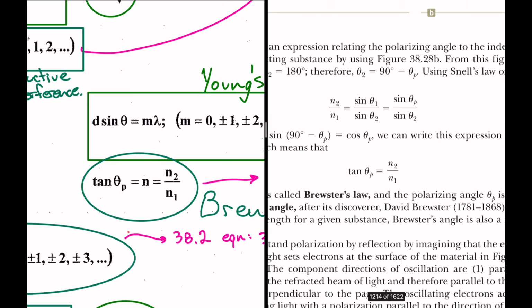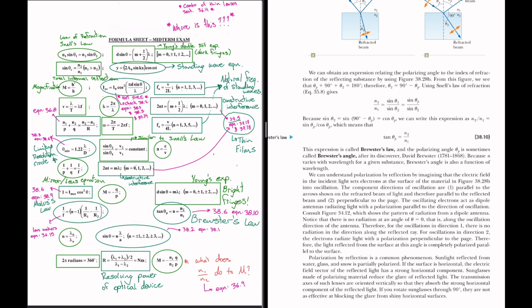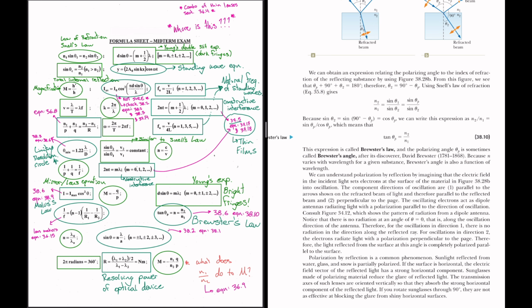So why is this the case? Well, you could take a look at how they derive this. Take a look at this equation up here, n2 over n1 equals sine theta, sine 1, whatever. And maybe you can compare it to another equation you've seen here. So take a look at this one. Like I said in the first equation sheet, you can use this equation and this equation, combine them together, and you can derive this equation.